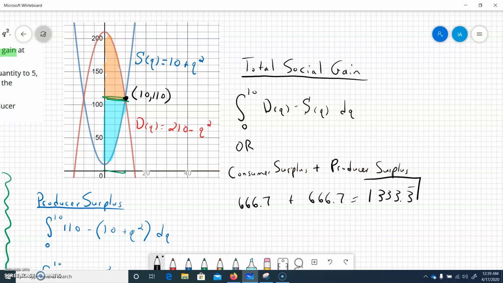So that is the total social gain. Okay. Oh, that was interesting. But that is the money saved by the consumer and gained by the supplier that was not necessary for them to make this product.